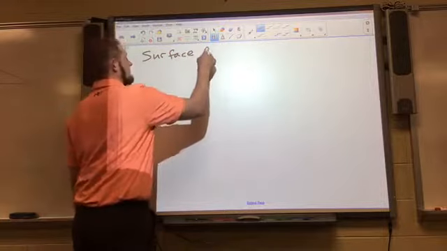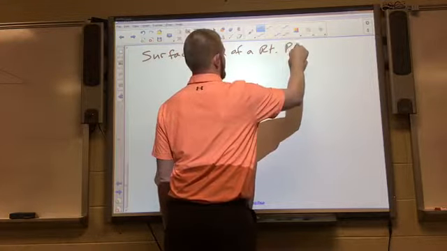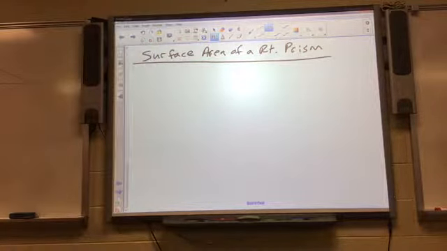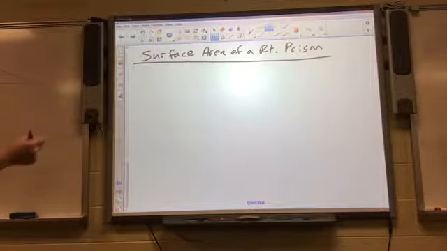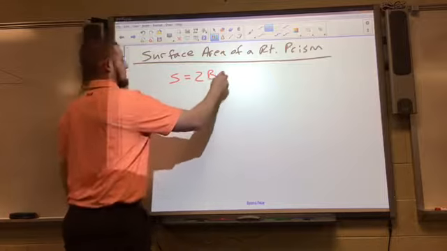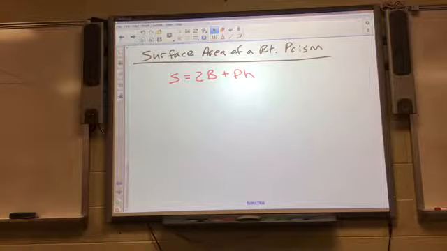Okay. Now, looking over on the next page, they actually give us a formula as a theorem for surface area of a right prism. Okay. This formula is that surface area equals 2 times capital B plus capital P times H. Again, if you know the stuff, it's probably not too hard of a formula to solve, right?